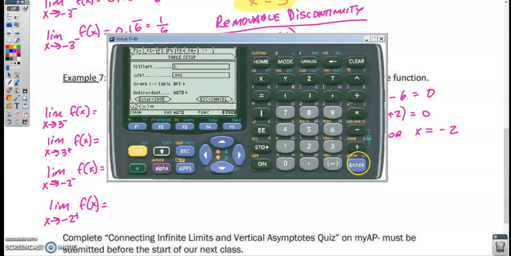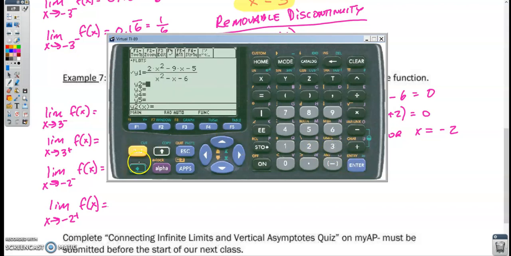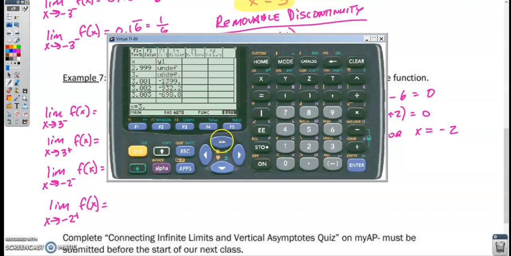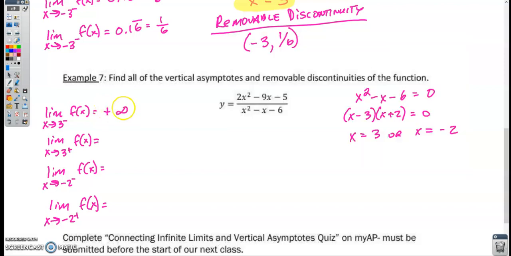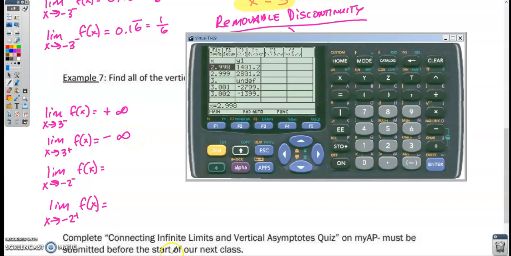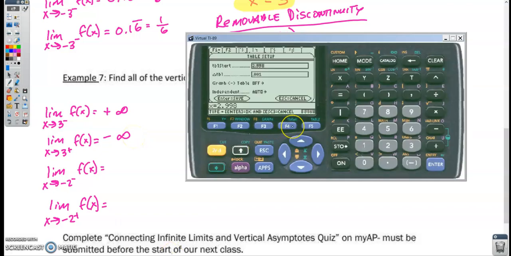First around 3. And we see from the left it approaches positive infinity, and from the right negative infinity. So we're going to have an asymptote at x equals 3. And then I set up my table around -2.